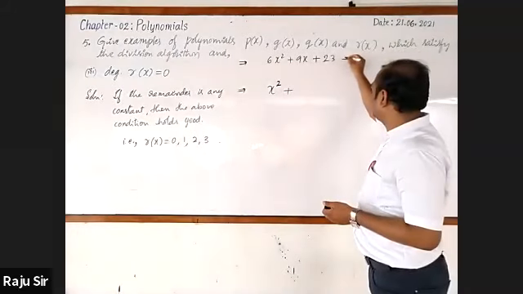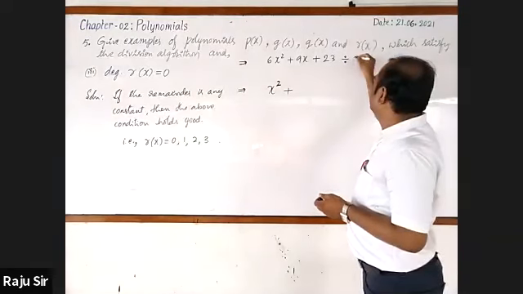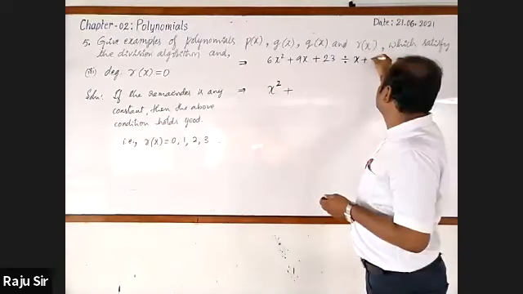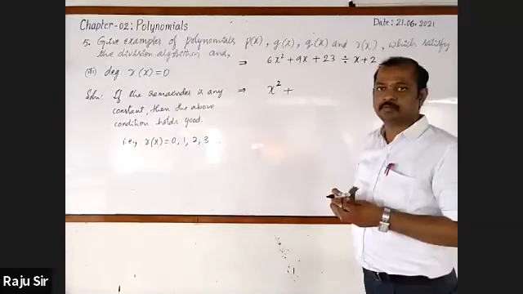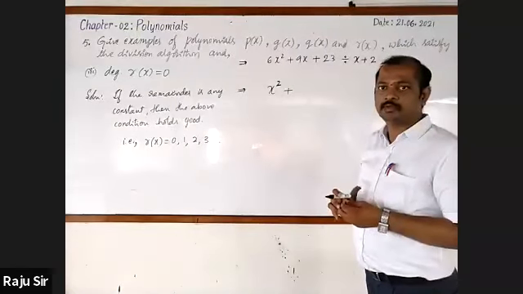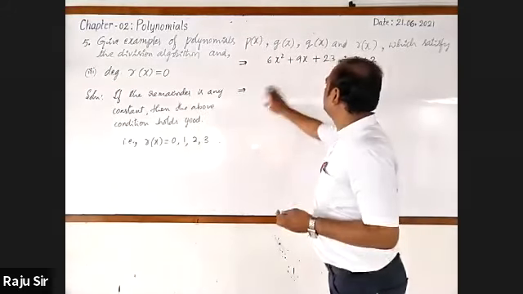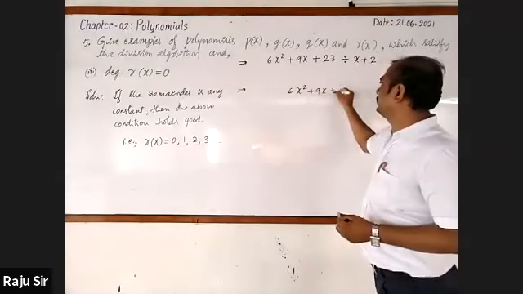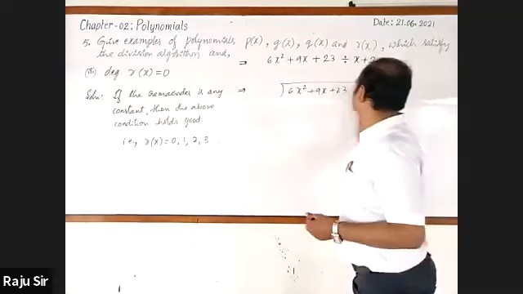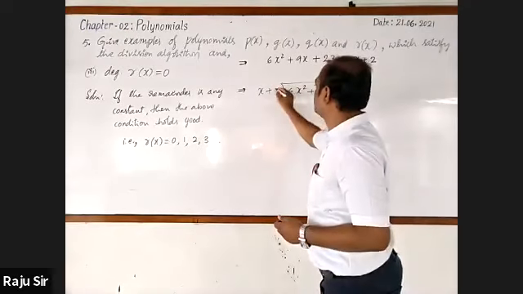Let us divide this by x plus 2. Followed? Now you just observe. You don't write yet. 6x square plus 9x plus 23. Let us divide this by x plus 2. You could also take x plus 3.